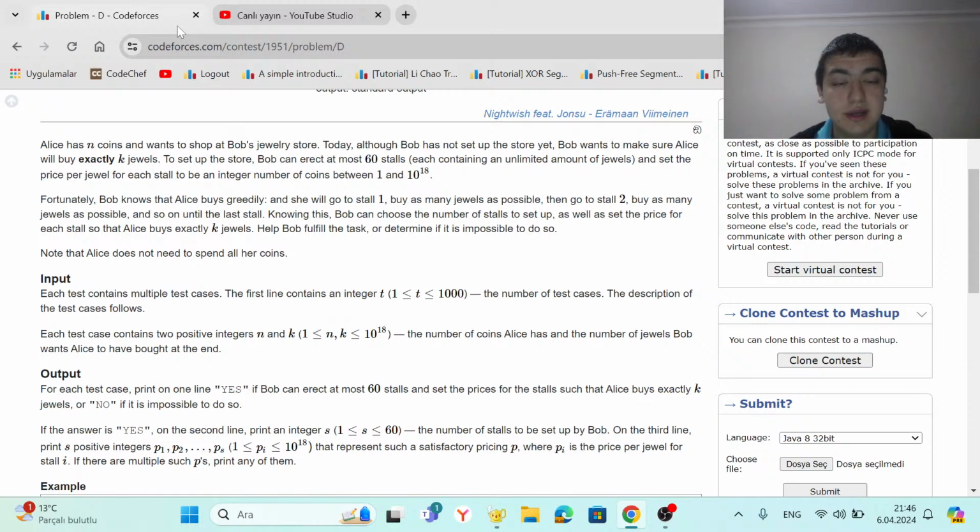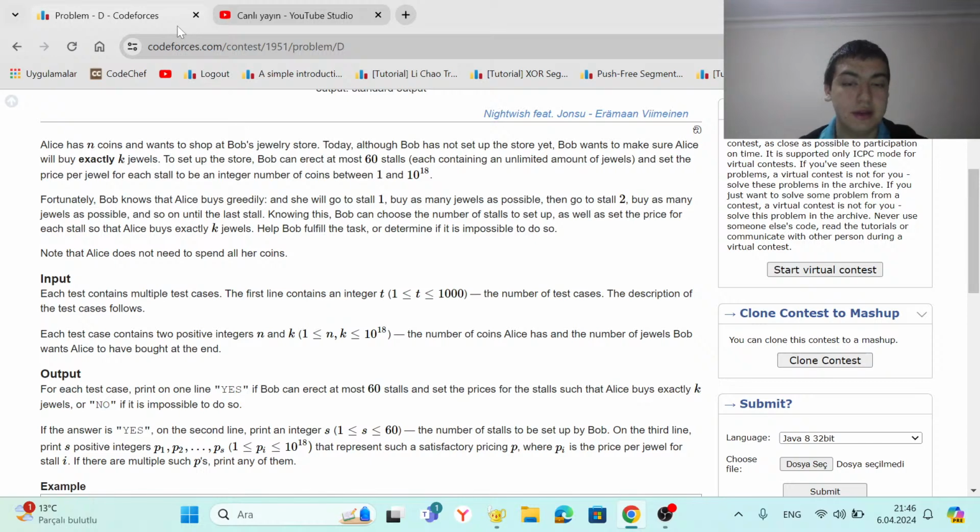Bob knows this greedy strategy of Alice, and he wants to set the prices so that Alice buys exactly K jewels.